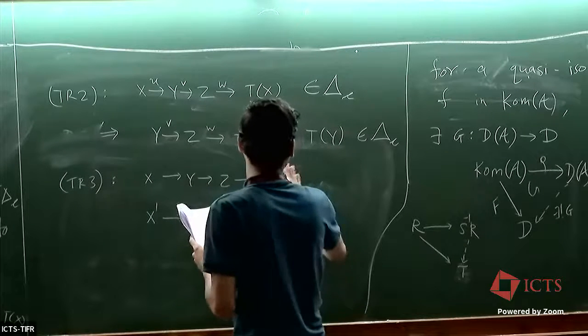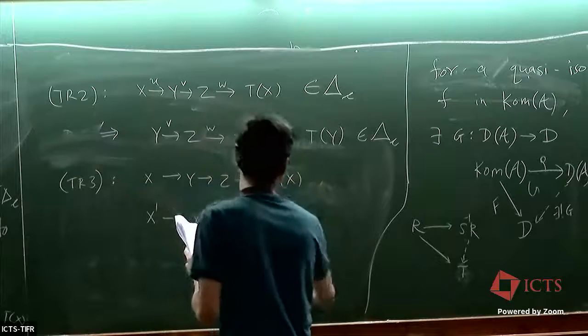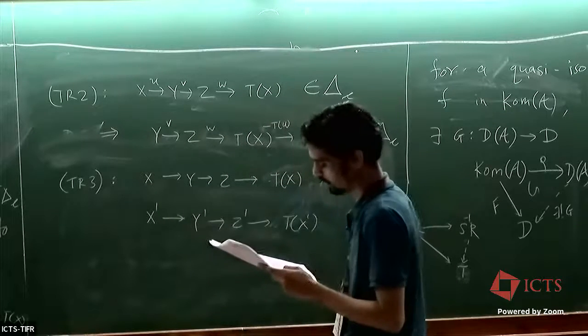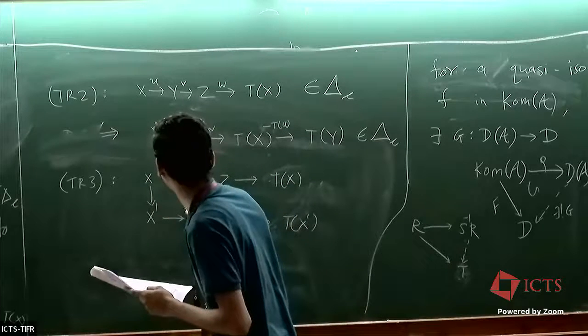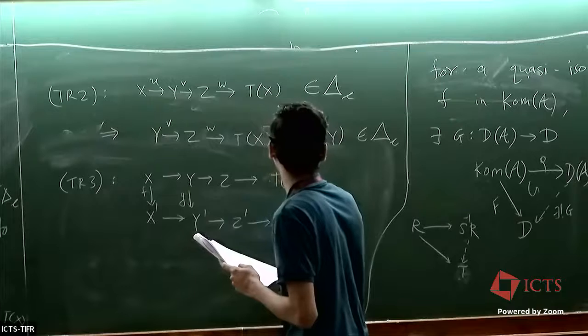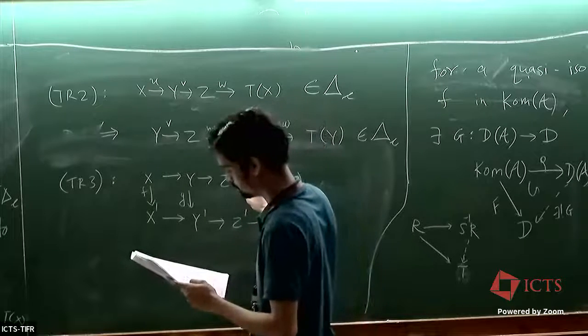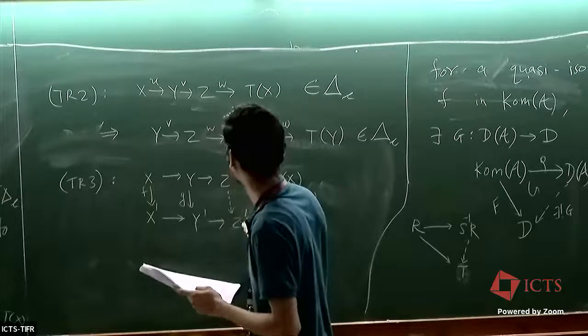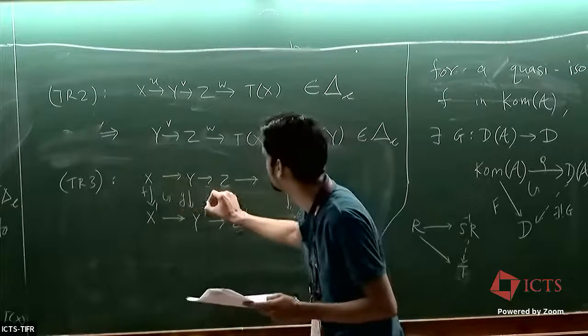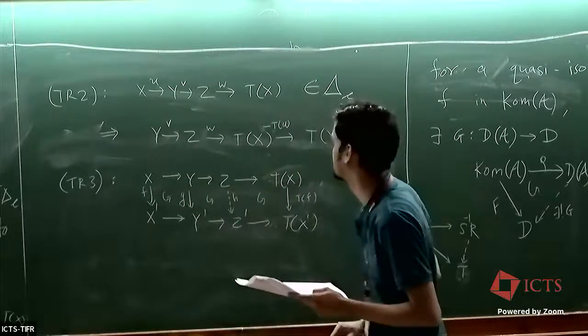if we are given these maps, then there should exist a map here such that this diagram commutes.